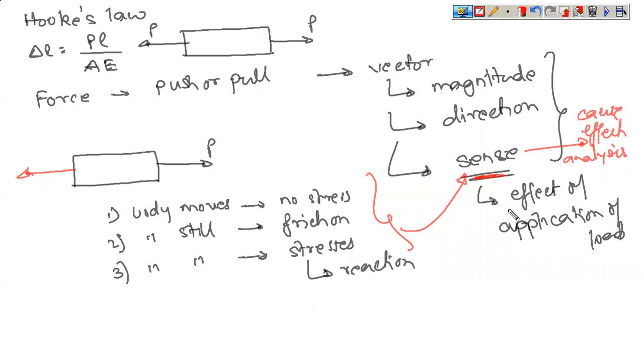The cause and the effect both have to exist in the same equation. So delta L equals PL by AE. Delta L, the change in length, is your effect, and P is your cause. This is how we designate things.